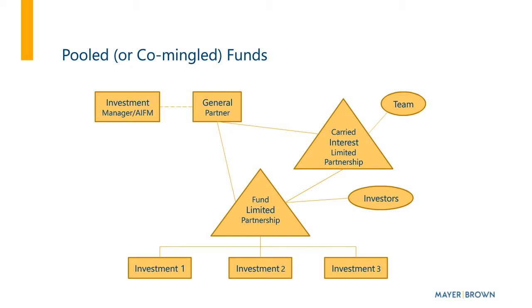Above that, on the chart, are also all the entities related to the management of the fund, so its general partner and investment manager or AIFM, as well as the carried interest structuring arrangements, the carried interest being the share of profits paid out to the management team, which in a European fund is typically paid out a separate vehicle, in this case, another limited partnership.